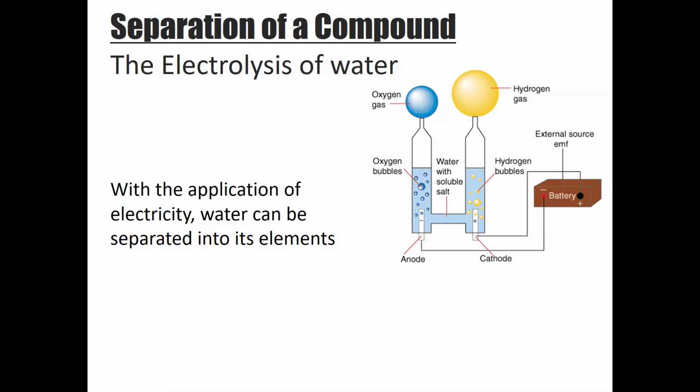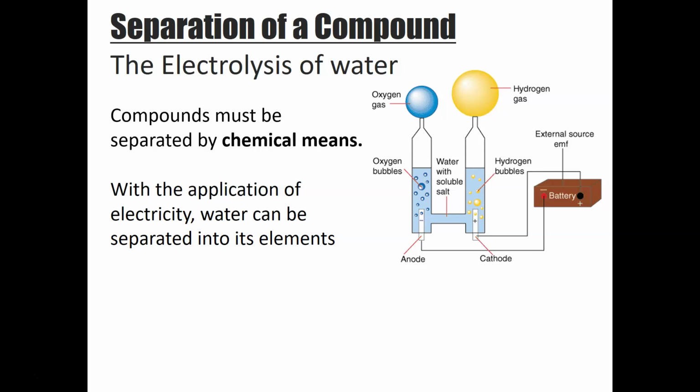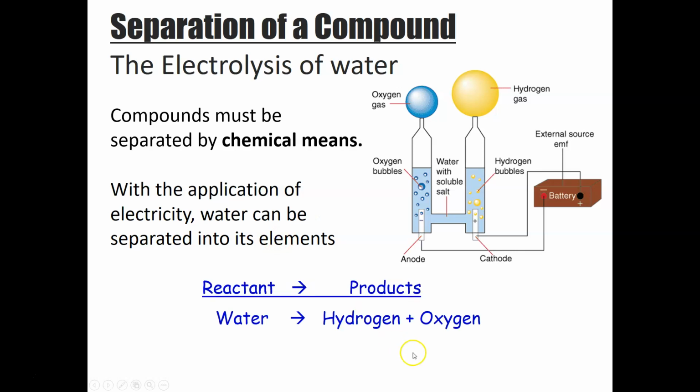Separating a compound or separating a molecule can be a lot harder. So usually you're going to have to use fancier techniques. You can't physically separate them. Mixtures you can physically separate. Compounds you're going to have to chemically separate. So for example, I can take a water molecule and I can rip it apart into hydrogen and oxygen.